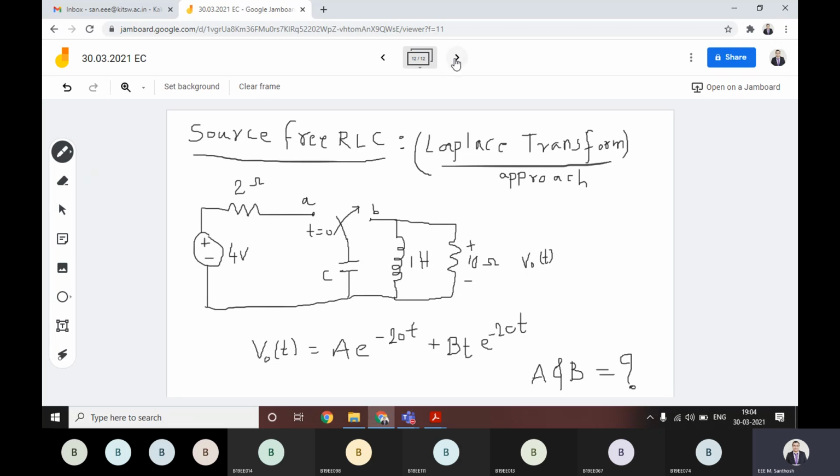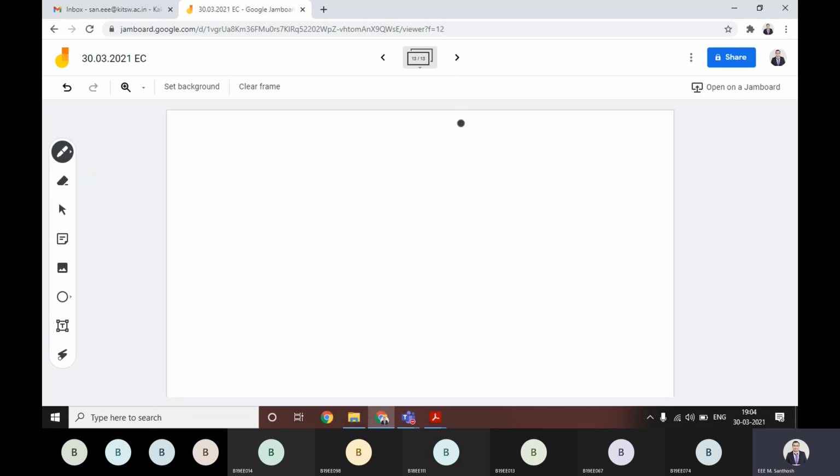Is it okay, everyone? It won't take much time. We'll solve as fast as we can. We need A and B, we will solve. At t is equal to 0 minus, how to proceed for the source free RLC circuit we are discussing? What happens with the capacitor, whether it is short circuit or open circuit? Can anyone tell us?